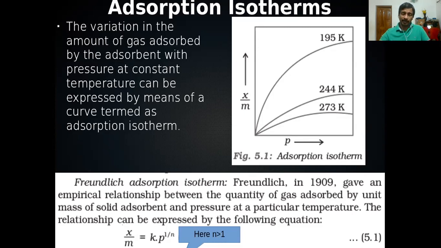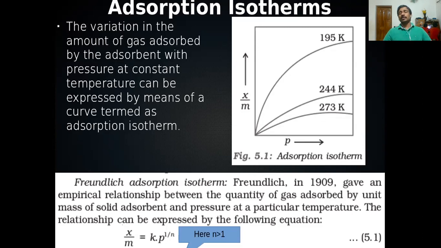And here again you listen in this graph. At this particular pressure, what is happening? There is no change in the x by m value. If there is no change in the x by m value, it means the maximum amount is adsorbed at this particular pressure.